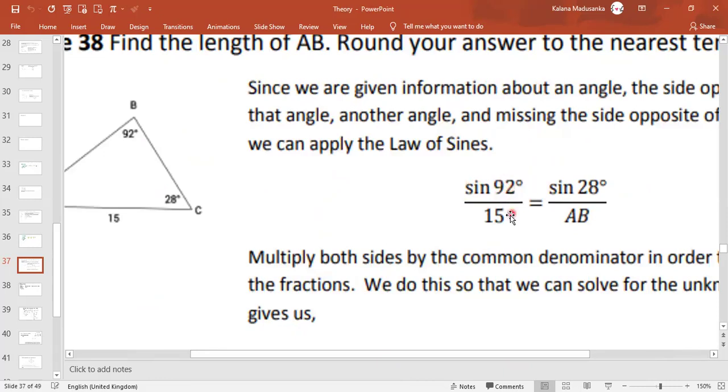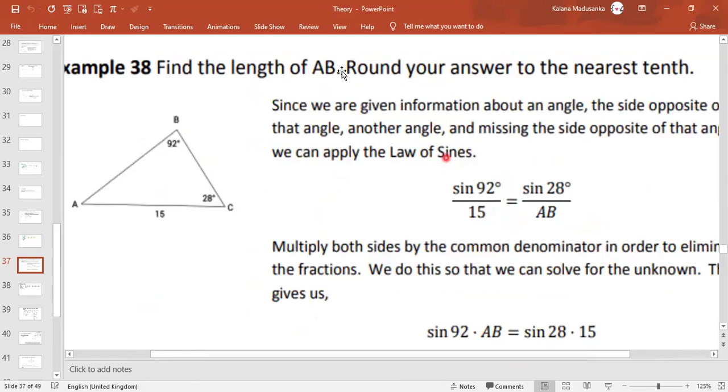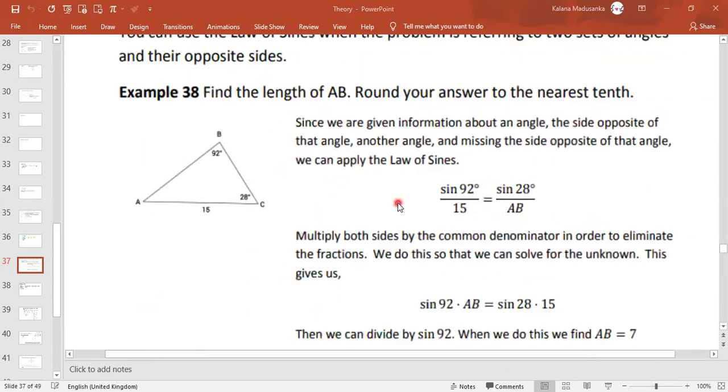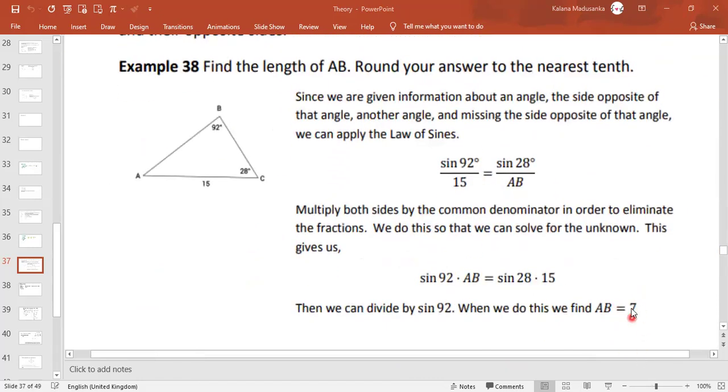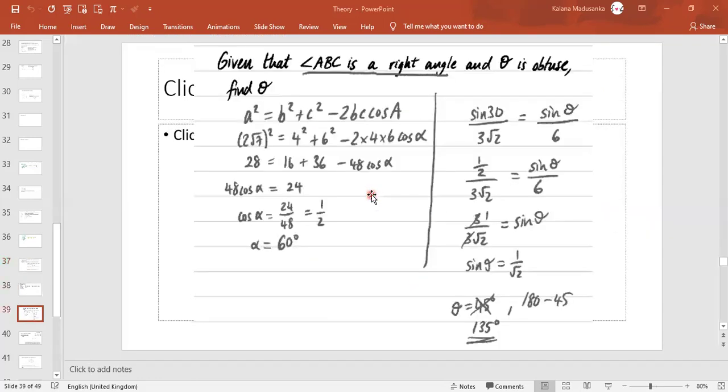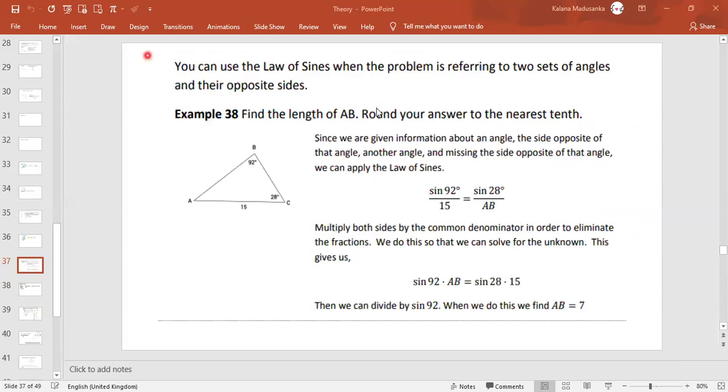Sine 92 divided by 15, sine 28 divided by AB, right? You can take out the AB and find out the answer. AB is actually 7. Like that, you can find out the BC length as well, okay? Without issue, you can find out the BC length.